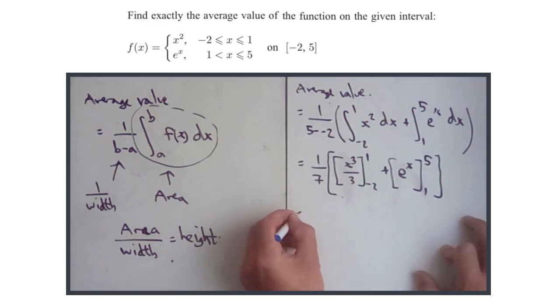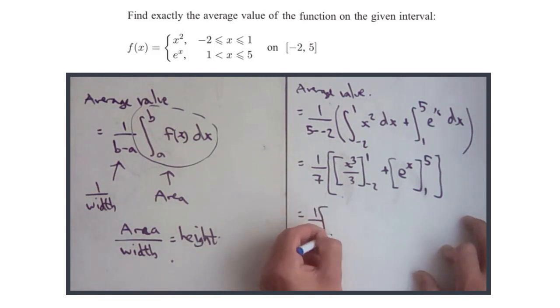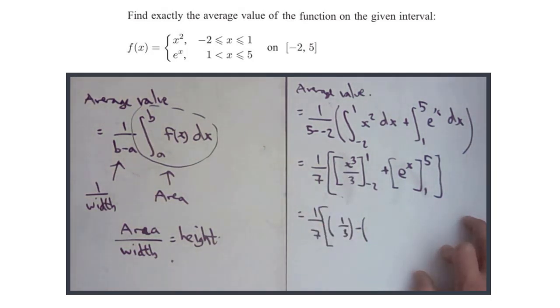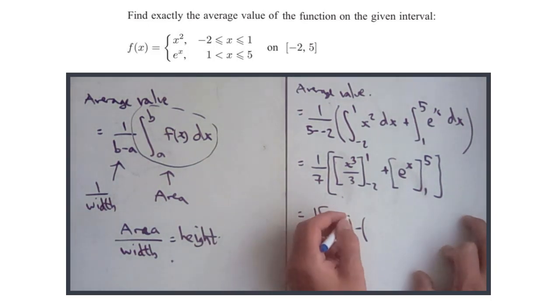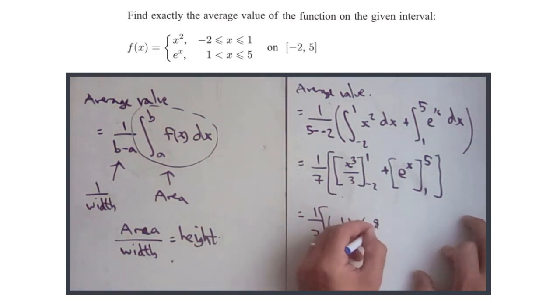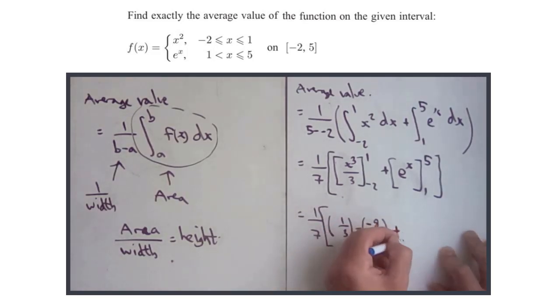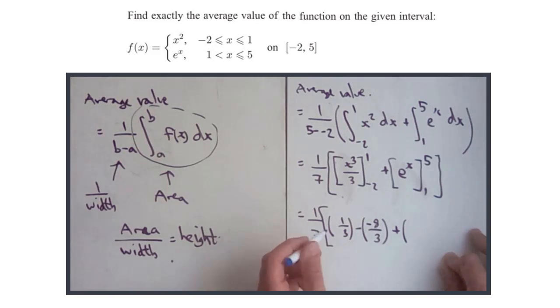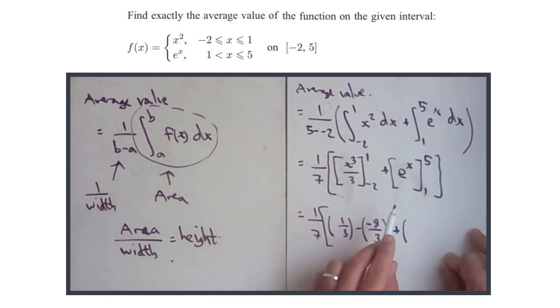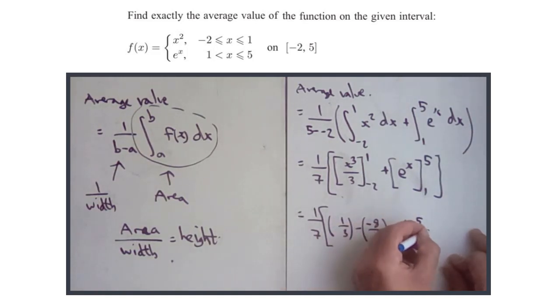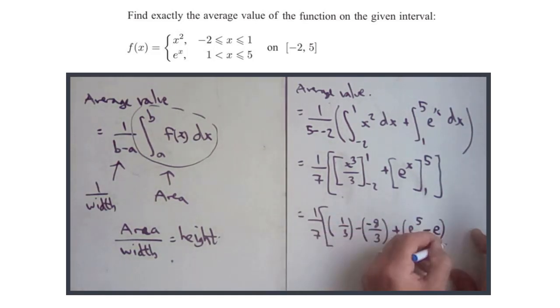So that is going to be 1 over 7 times 1 cubed over 3, which is 1 over 3, minus -2 cubed over 3, where 2 cubed is 8, so -2 cubed is -8, over 3, plus e to the 5 minus e to the 1, so e to the 5 minus e.